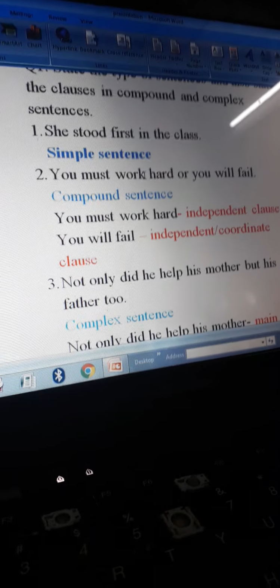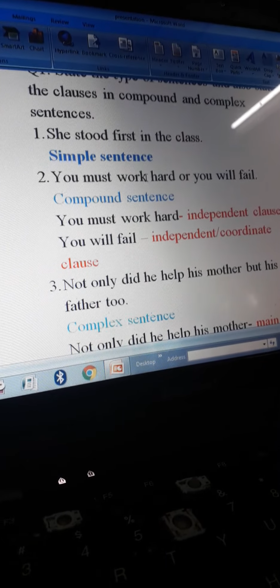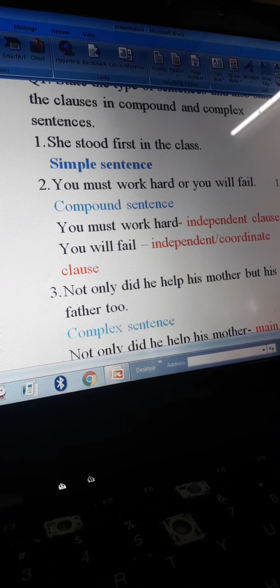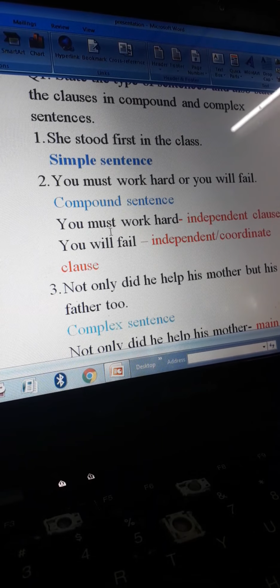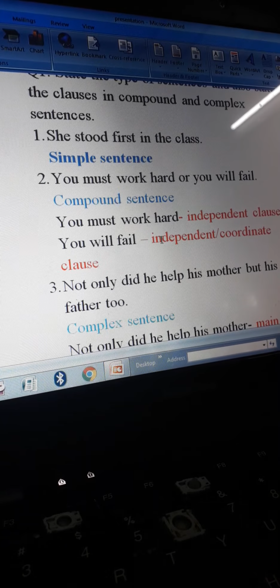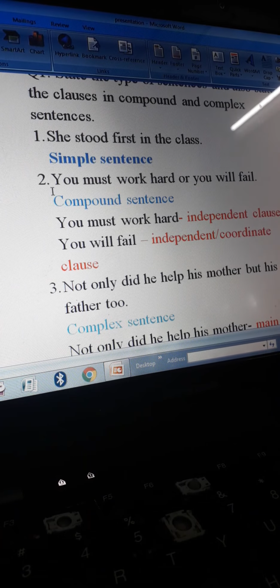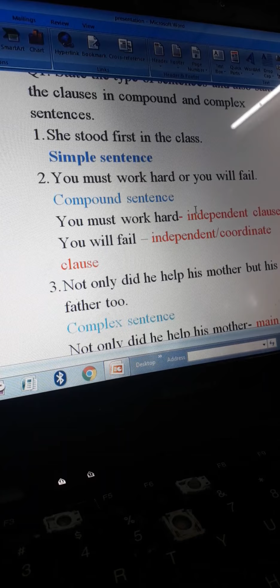First clause is you must work hard and second is you will fail. So I think they are independent clauses. They are making good sense on their own. So this is a compound sentence which contains two independent clauses.